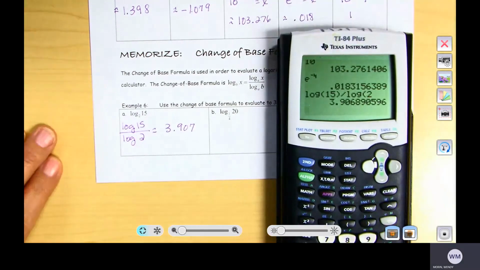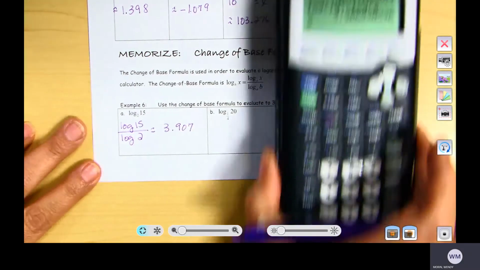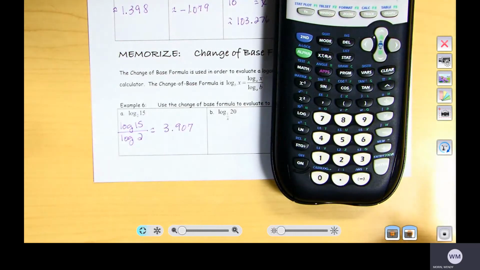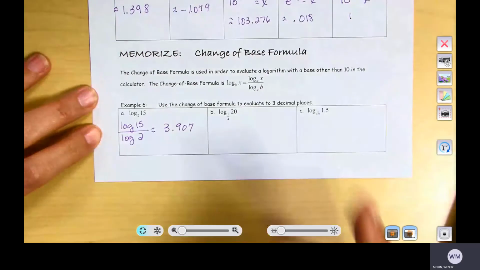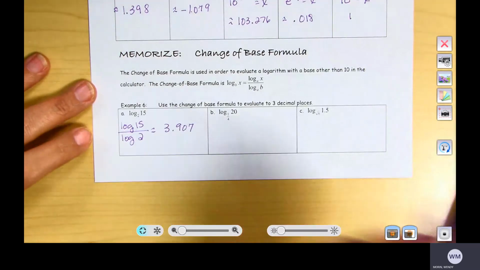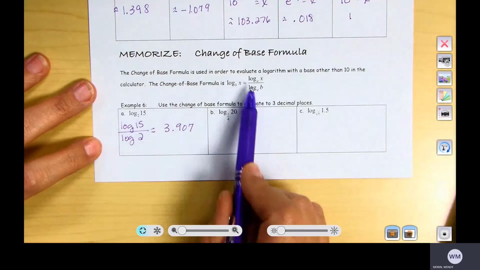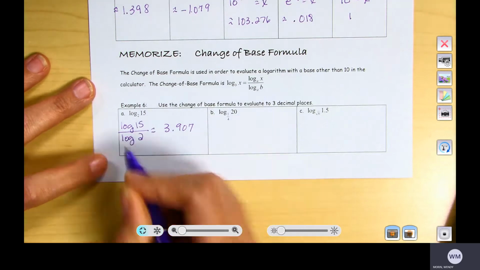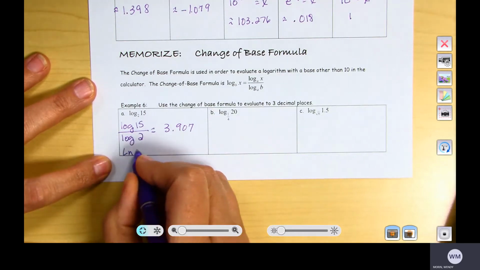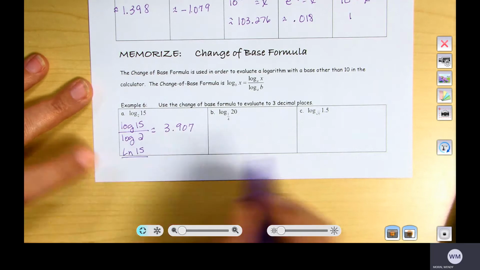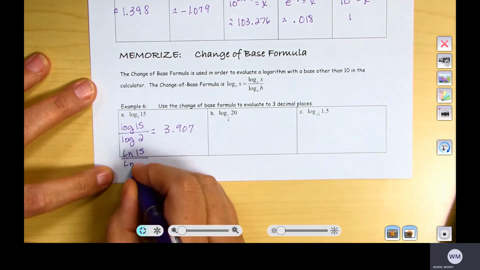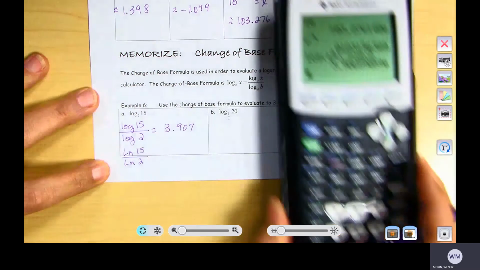That's if I change it to log base 10. Well, I also have a natural log button here, so I could also change it to base e. So instead of a base 10, I could change it to base e. So again, the log of 15 base e would be the natural log of 15 divided by the natural log of 2. And let's try that one out.